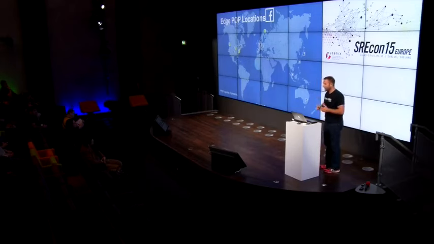The goal is to get the client connected to the POP that is closest to them. One of the important caveats there is distance doesn't always mean that that POP is the closest to them. The internet is kind of clowny sometimes, and your IP packets will travel all around the world for no good reason. So what we want to do is send that request to the closest edge location.